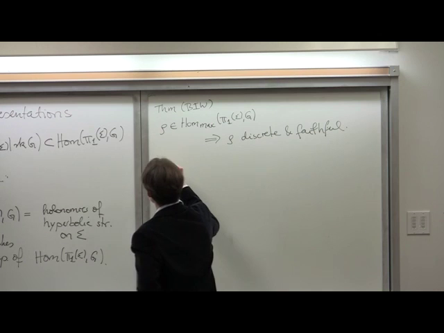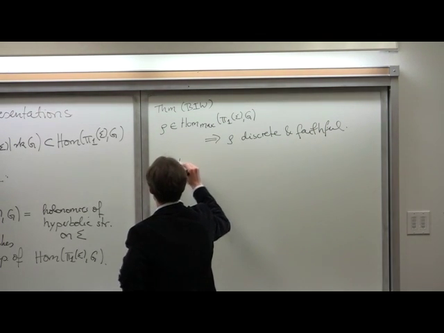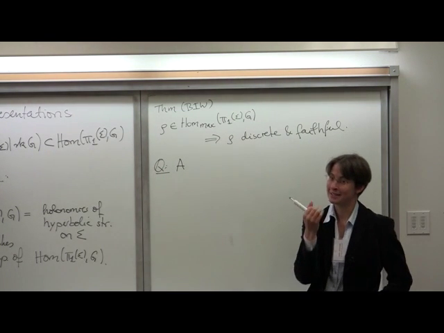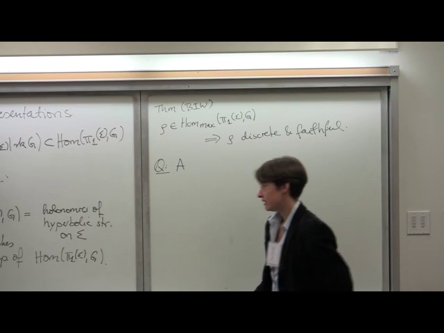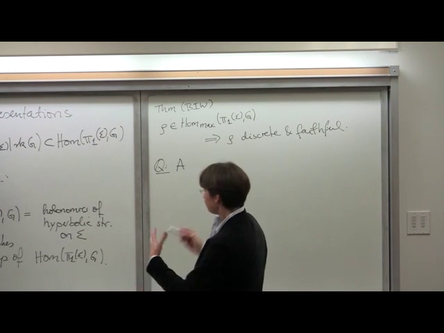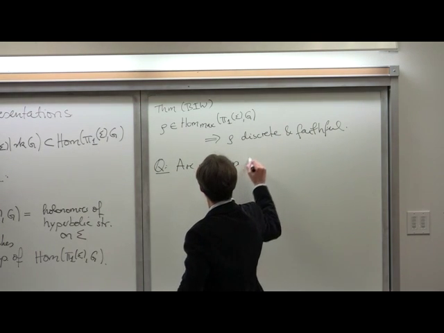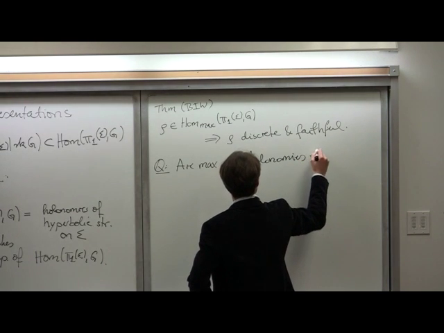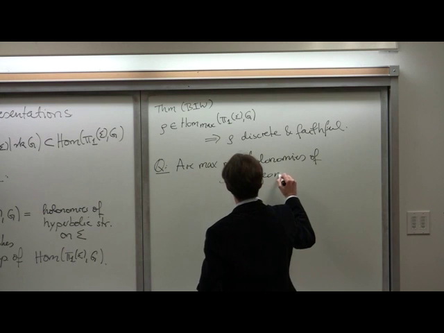That's one of the questions I want to address, in a slightly different way than Nigel Hitchin addressed it in the last talk. So, are maximal representations holonomies of some geometric structures?